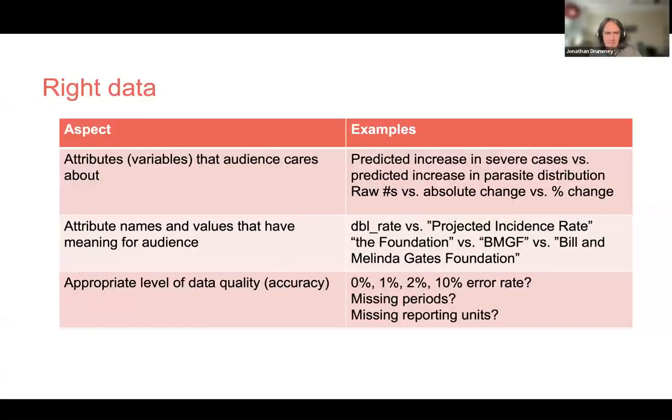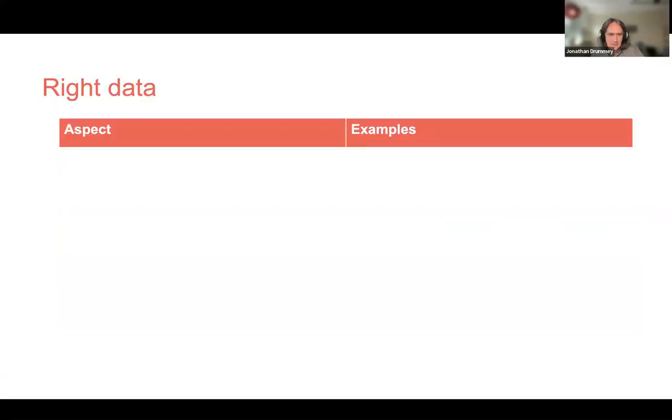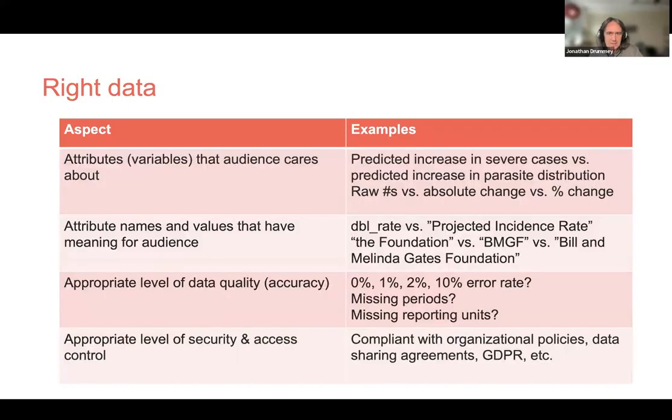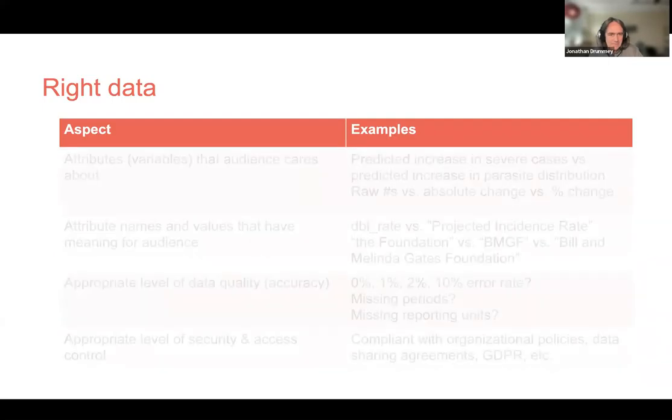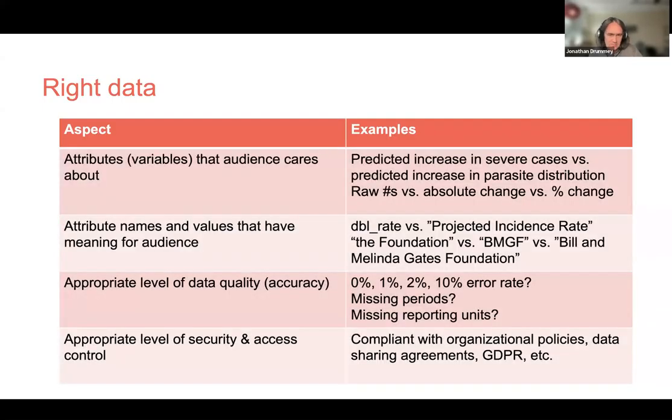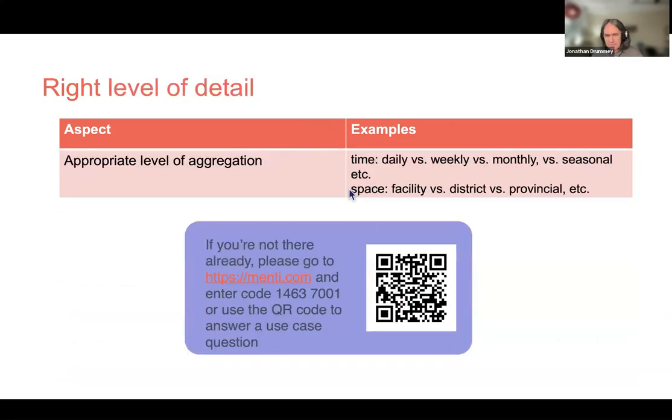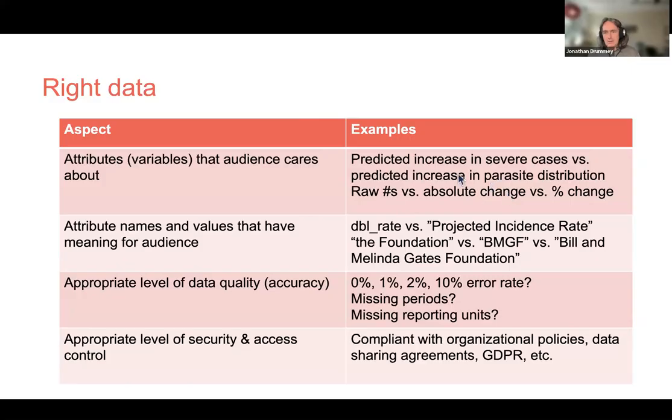So in thinking about right data, okay, this was working differently. So to walk through this table, the animations aren't working as I expected. We have attributes that our audience cares about.